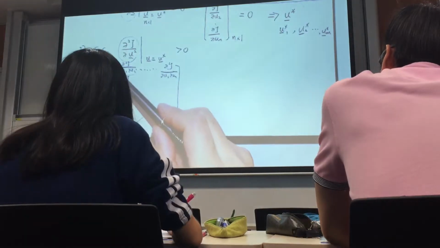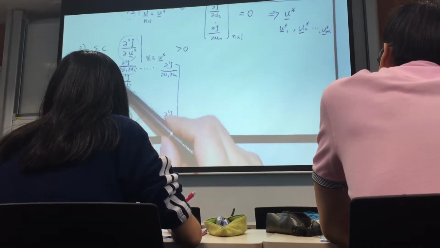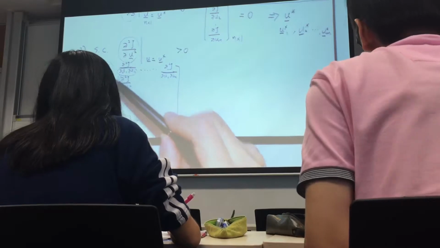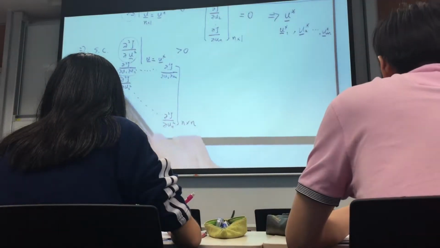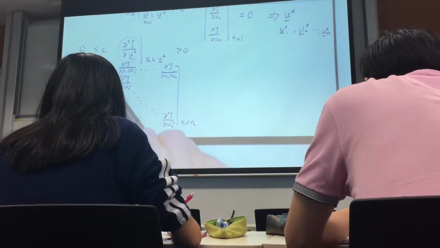The first column evaluates the derivative in terms of u1 first, and after that in terms of u1 to un.